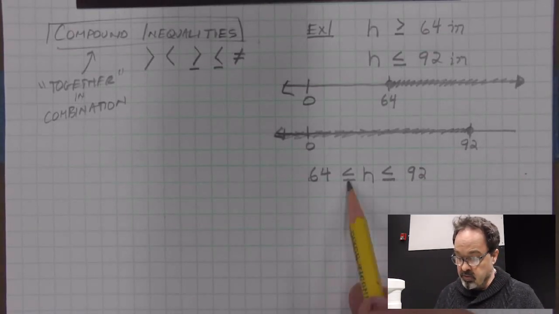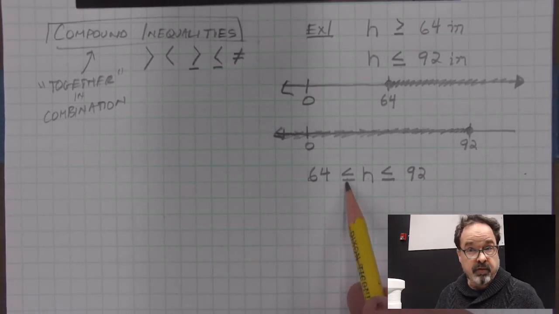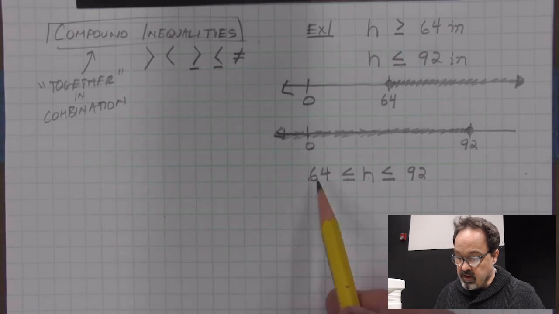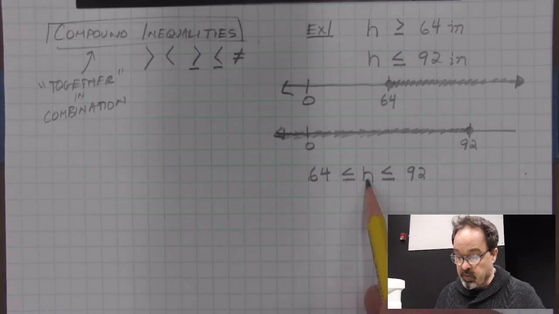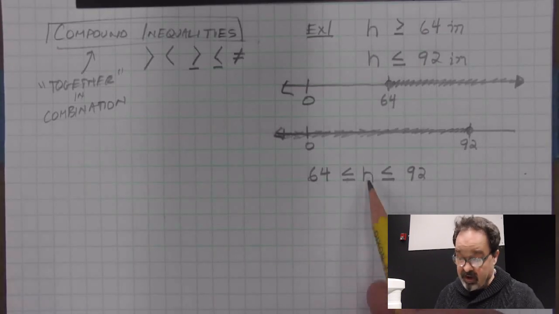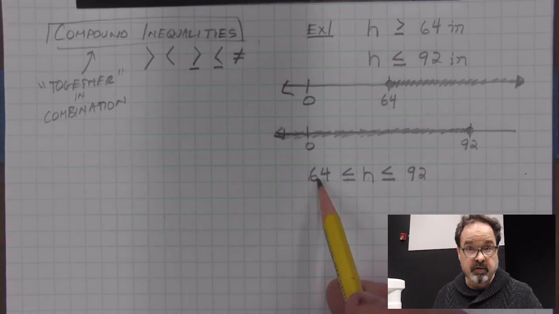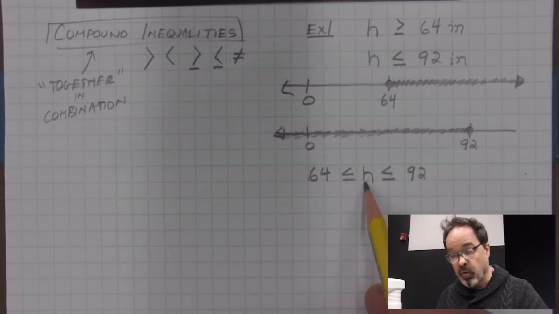Notice that this symbol here is technically the less than or equal to symbol. When we read it, 64 is less than or equal to h. So if we think about it, h is going to be greater than 64, even though it's on the right side.